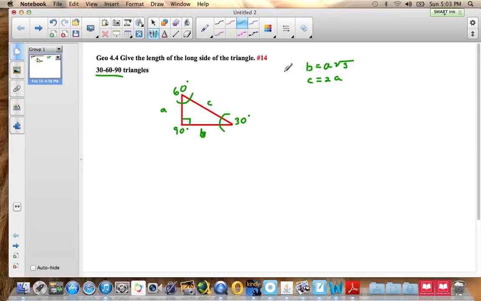When I have the hypotenuse, I use C first. But now we're doing the long side, so it is important that I do the equation that solves for B before the other one, because that's what's going to give me A.